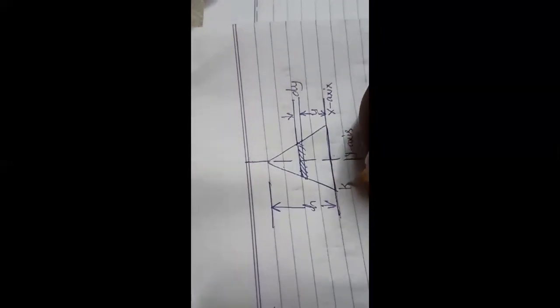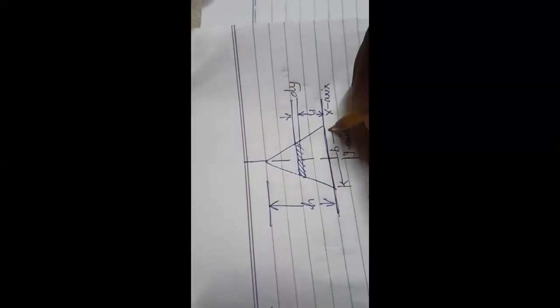So from first principle we have to take an elemental strip at a distance y from this line of thickness dy. The total height of this triangle is h, and this distance is base b.